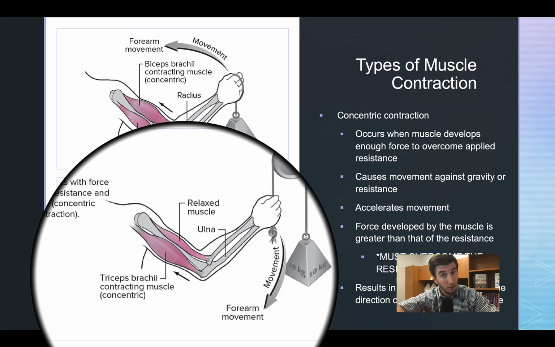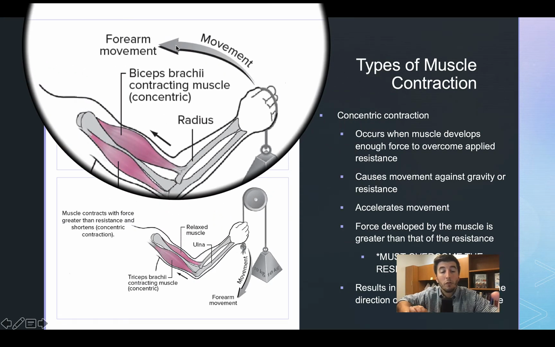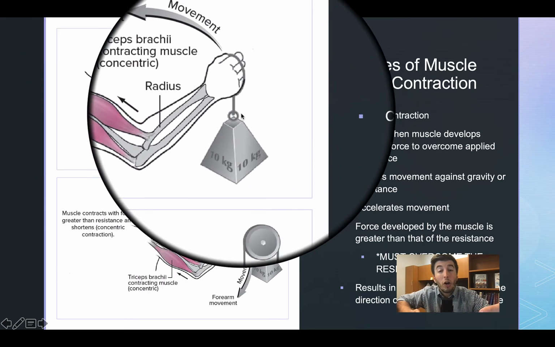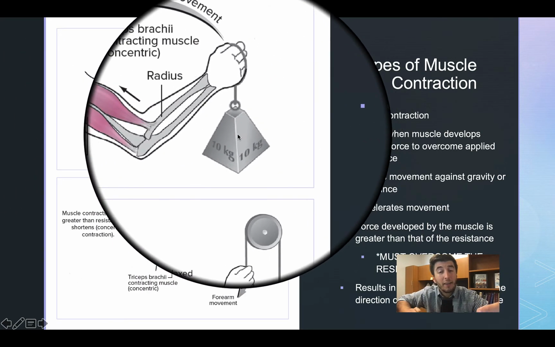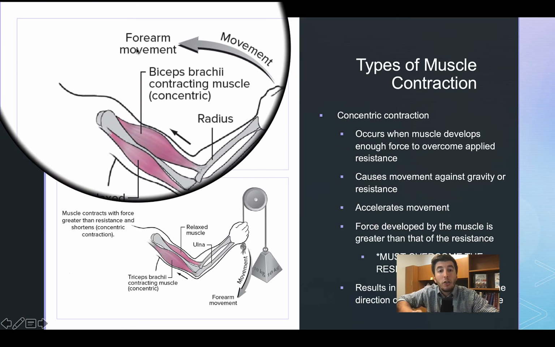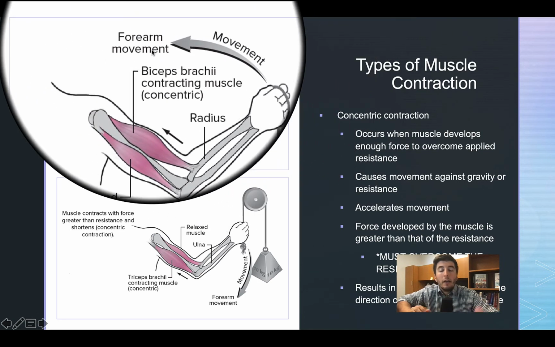Now, let's talk concentric contractions. Same pictures, only thing that's different is going to be these movement arrows. Because the force that's being applied by the bicep is actually able to overcome the resistance of the 10 kilogram mass, we're going to have a net movement or rotation of the elbow joint, or a flexion of the elbow joint, in order to actually cause movement.